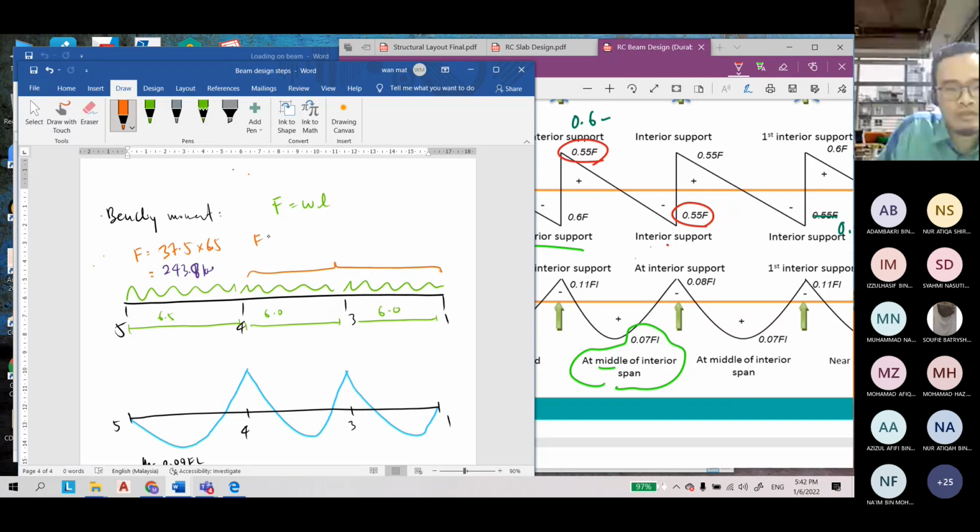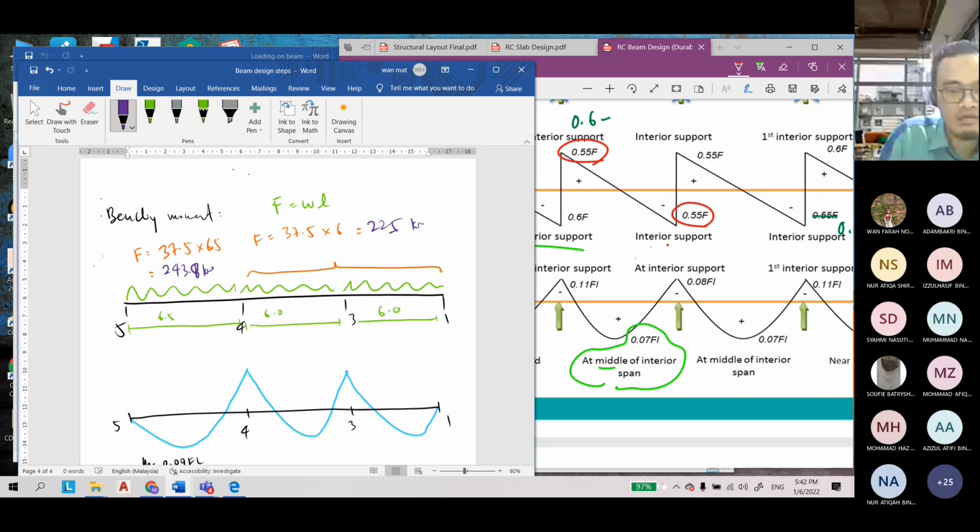F is equal to 37.5 times 6. So what is the value? 225.